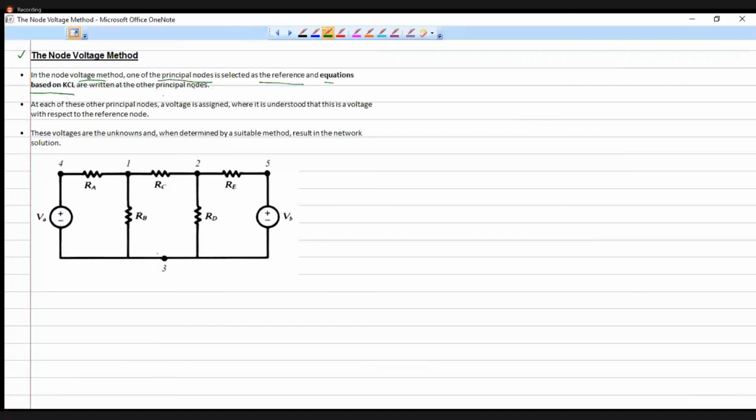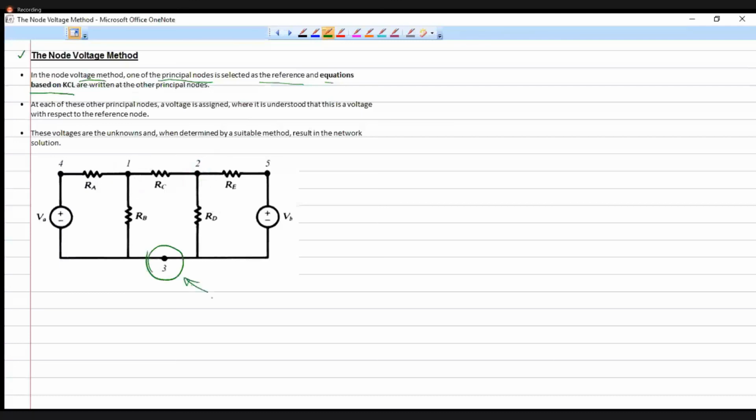So, for example, in this figure, principal nodes are node 1, node 2, and node 3. You can select any one of these nodes as the reference node. Since 3 has the greatest number of branches coming in, let us select 3 as the reference node.